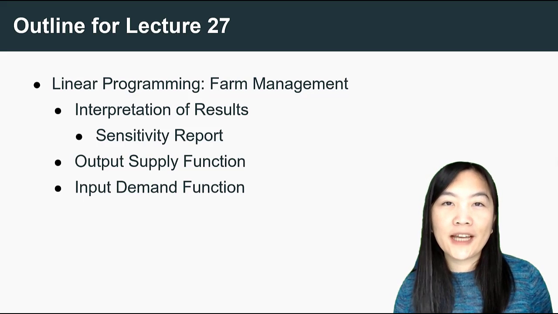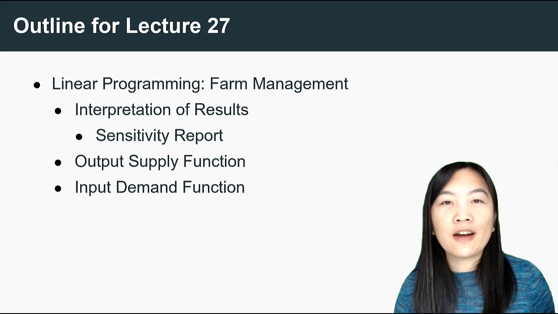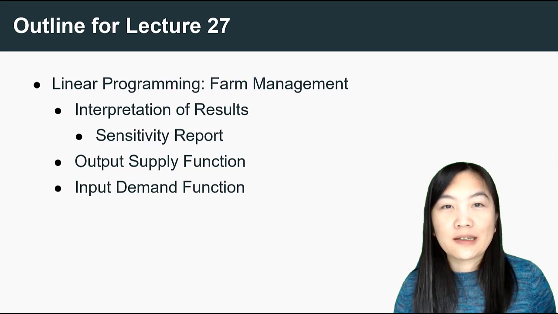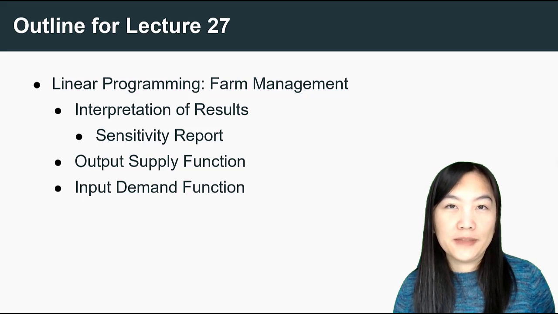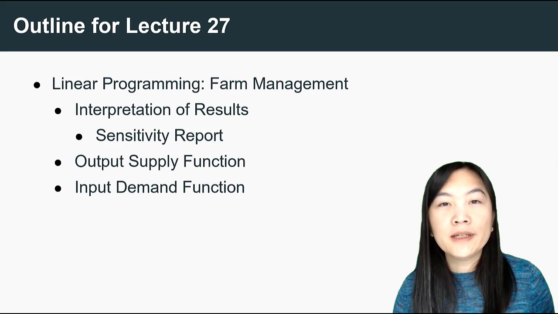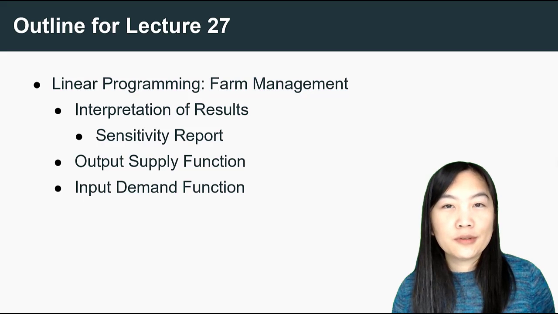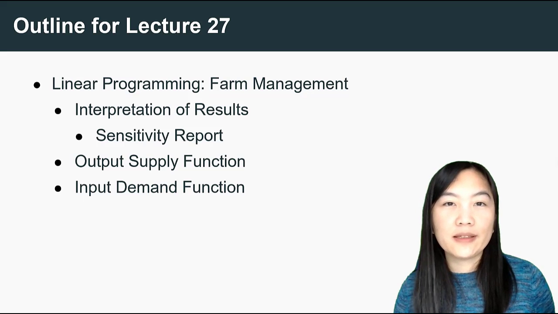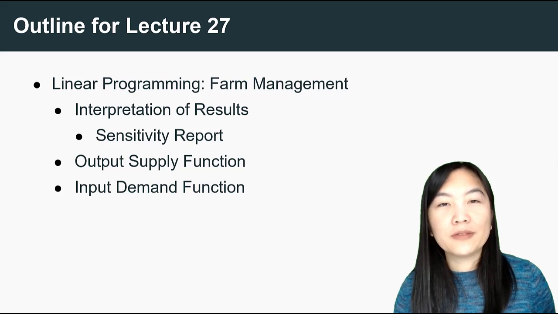And then after that, I will also show you how you can actually derive the output supply function and input demand function from this linear programming problem. I hope those two concepts are not totally new to you, because in the production function analysis or the marginal analysis sections, we did derive both the input demand function and the output supply function.